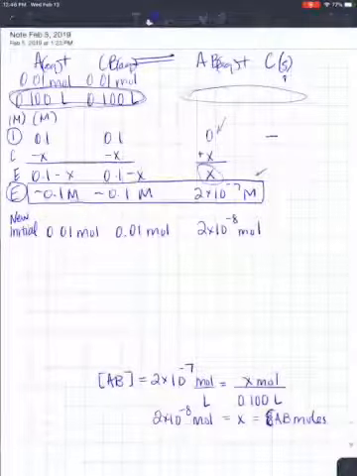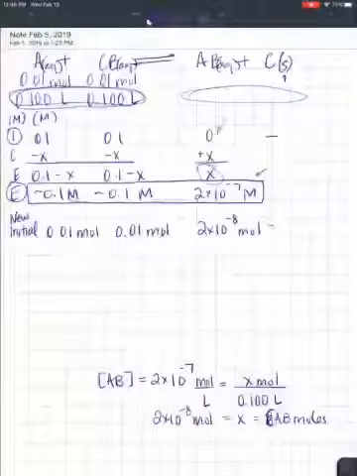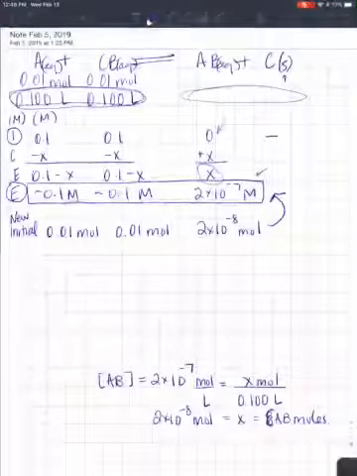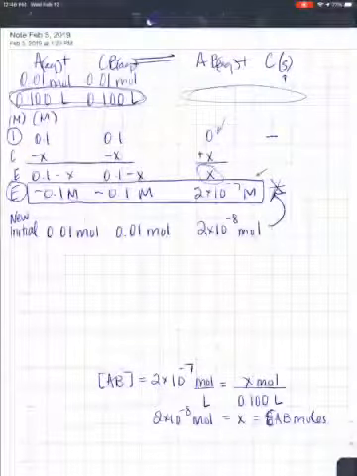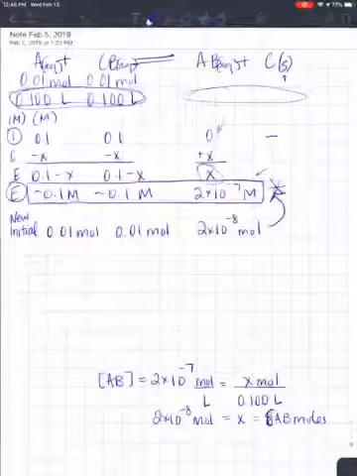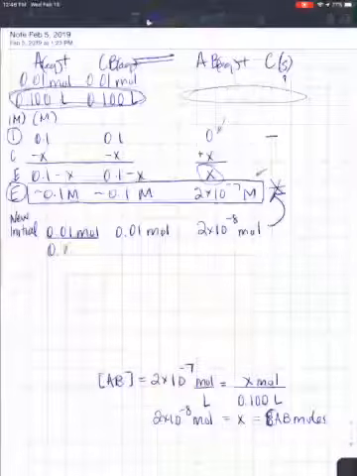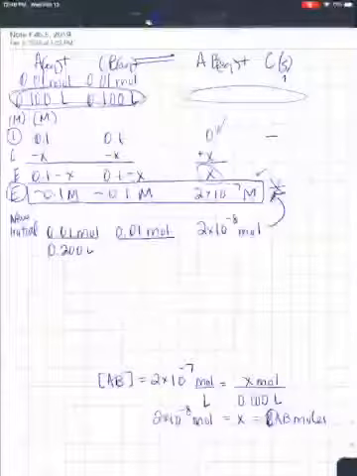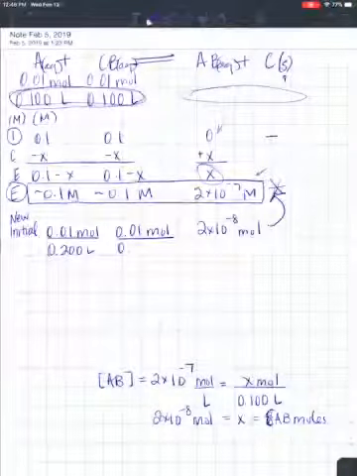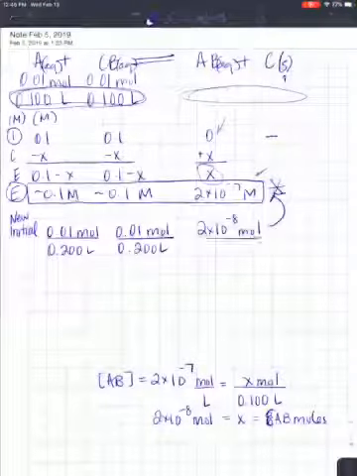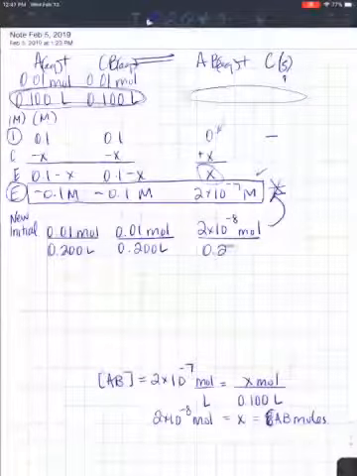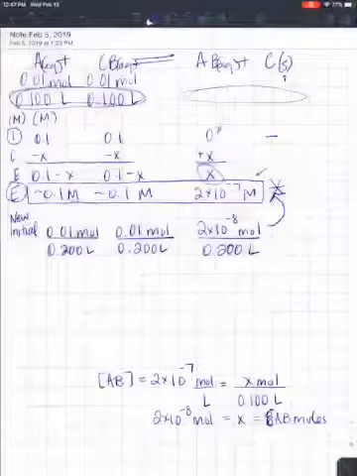So now I have the moles of everything that are in that mixture, because it's this mixture here that we're going to change the volume on and see how the equilibrium shifts. When I change that volume, I change from 0.1 liters or 100 mils to 0.2 liters or 200 mils.